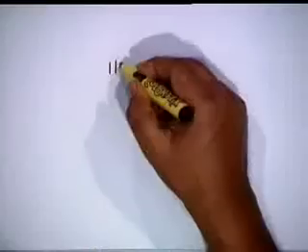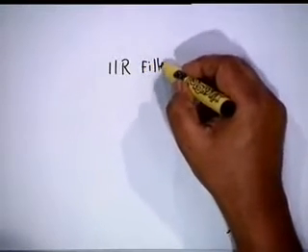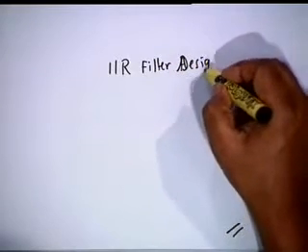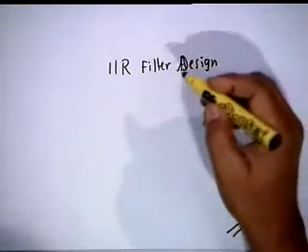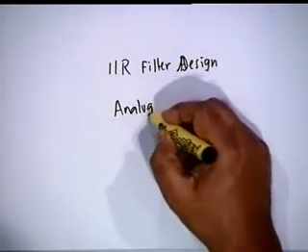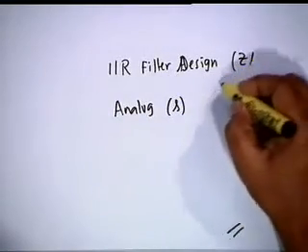Second motivation is that our IIR design, one of the most important and useful in practice, IIR filter design is based on analog filter design using a transformation from S plane to Z plane. S to Z, we use a transformation.